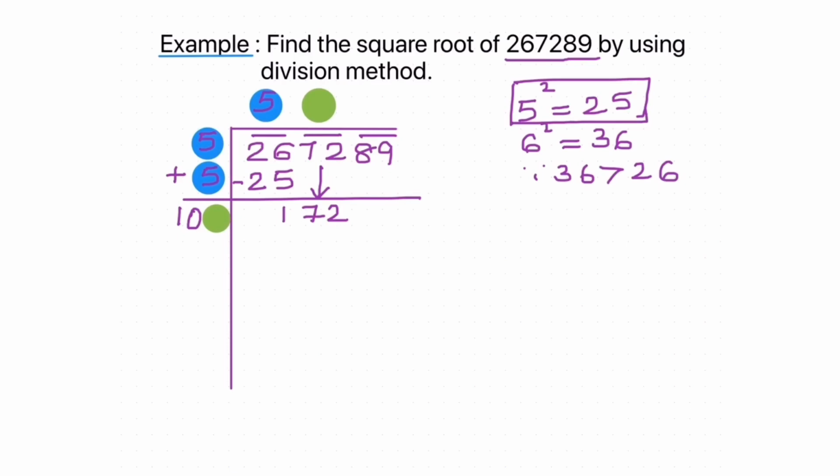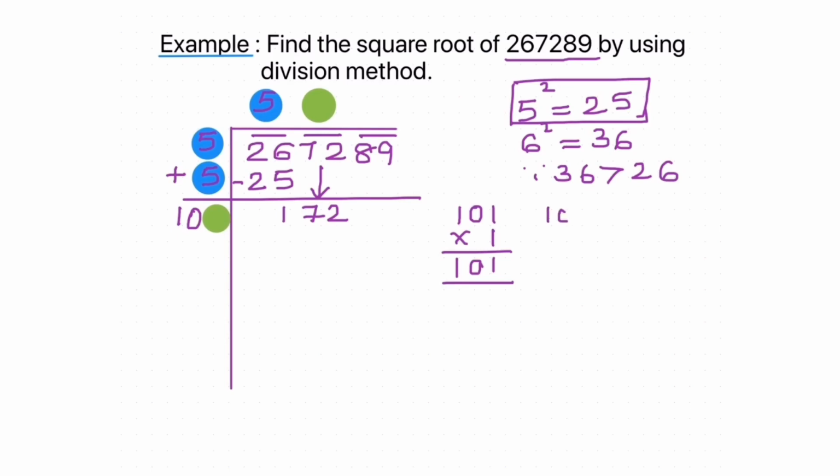So, if we take the digit as 1, then the product will be 1 times 1 is 1, 1 times 0 is 0, 1 times 1 is 1. The product will be 101, which is less than the dividend, 172. So let's try with 2.